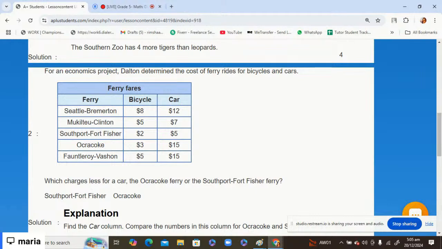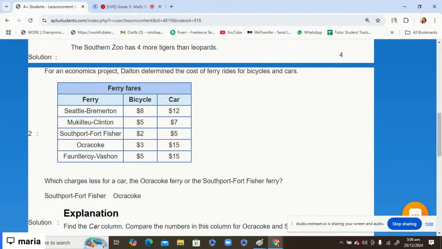So which charges less for a car? The Ocracoke ferry or the Southport Fort Fisher ferry. So we are interested in the car. First we check the Ocracoke ferry, that is 15, and the Southport ferry, that is 5.